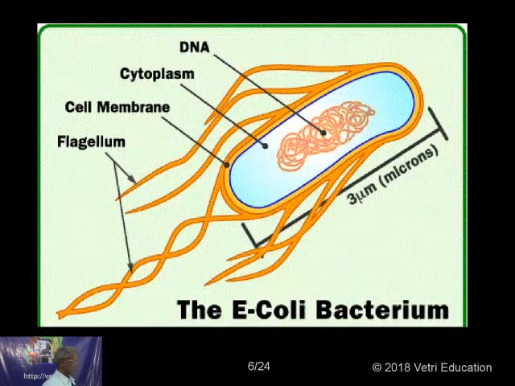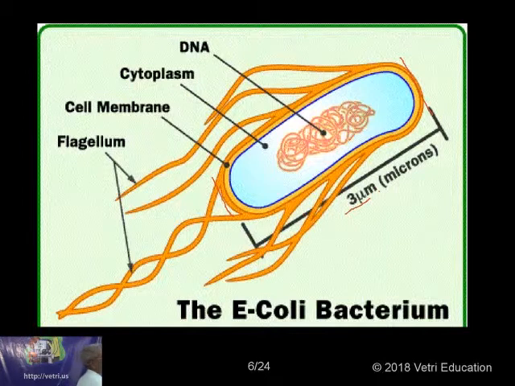See, the E. coli bacterium, I was telling you that it is living in the bowels of the human being. It is a peritrichous one. It contains flagella throughout its body surface, and from this end to this end, it is 3 mu m. What is a mu?